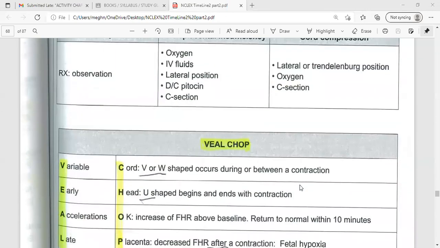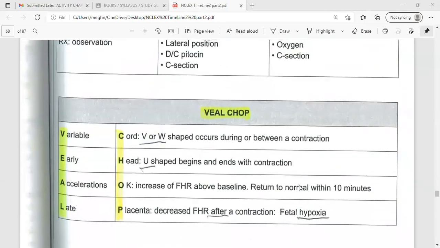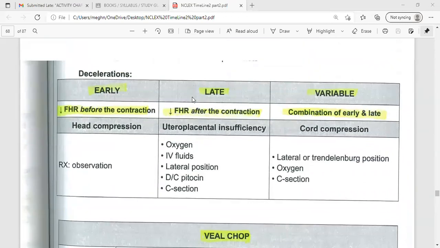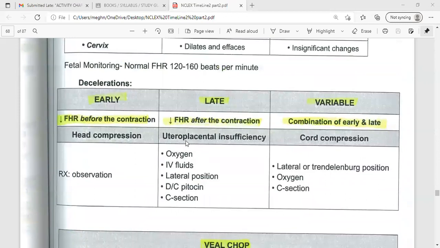Next, a note here. As I told you, early deceleration is head compression. Late deceleration is the uteroplacental insufficiency, and variable deceleration is the cord compression, right?